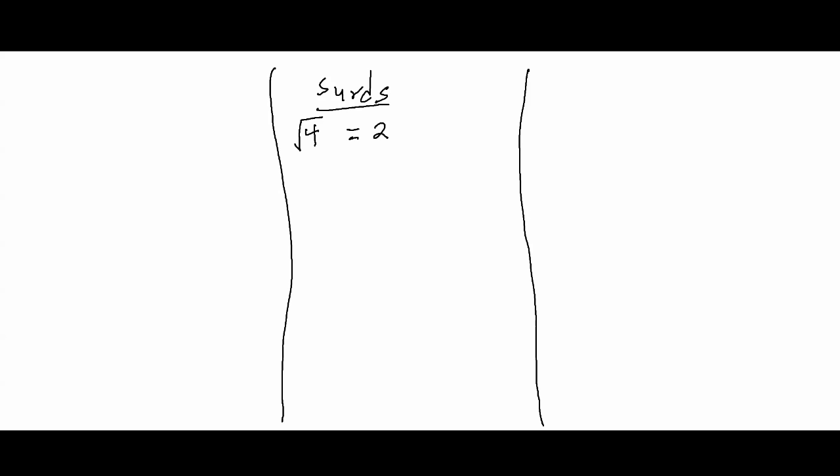So the square root of 4 is not an example of a set. How did we know that the square root of 4 is 2? You realize that when 2 multiplies itself, we get 4. When 2 multiplies itself, it gives us this number. That is why the square root of 4 is 2.